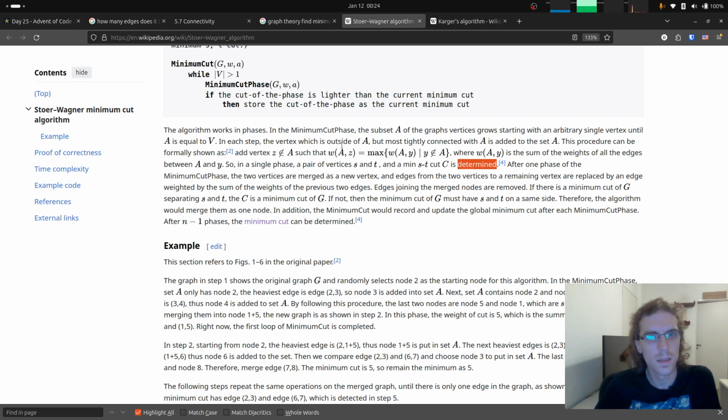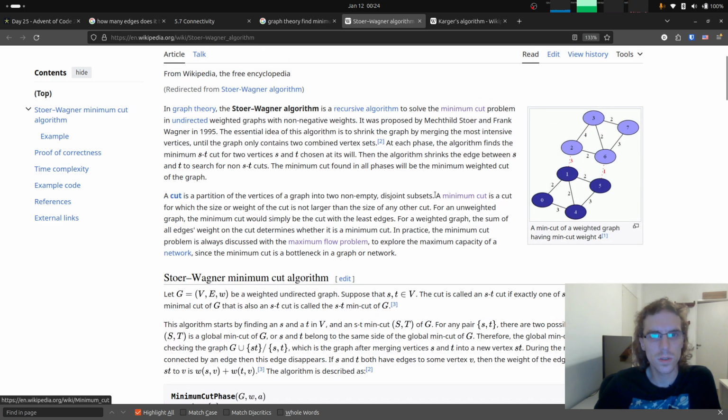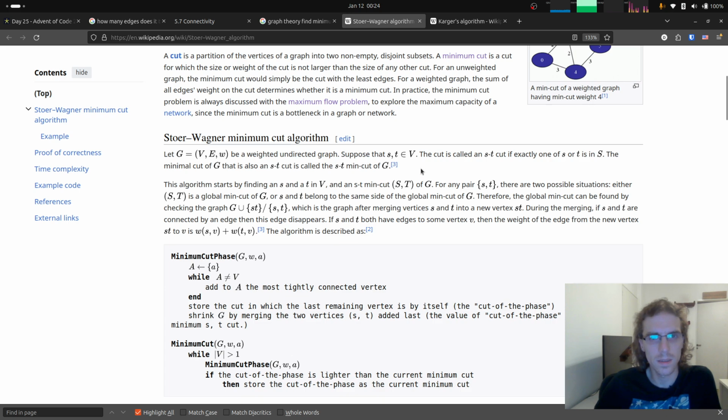But then, the last S and T vertices, why do they determine an ST cut of C? I'm not really sure I understand this idea of an ST cut.